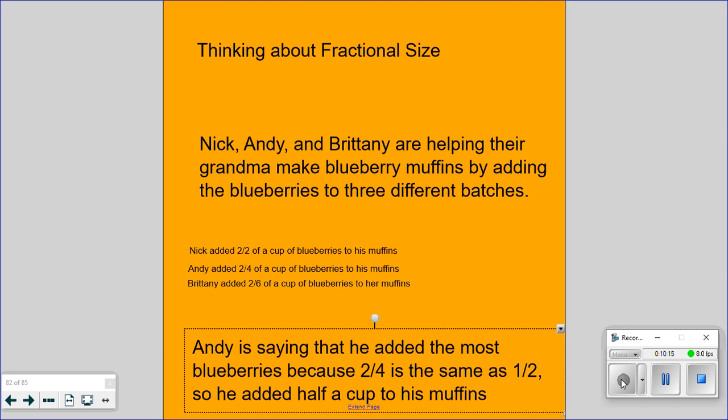Emma, what are your thoughts? How do you know that, Emma? Because he was saying that he had a 2/4 cup of blueberries and then that's sort of 1/2, but then has 2. Nick, look at that fraction. Colby, read that fraction to me.